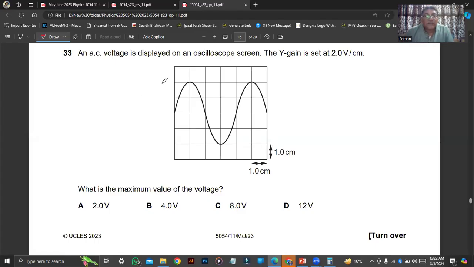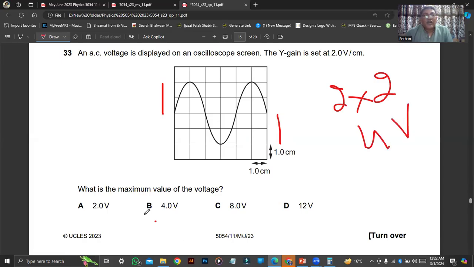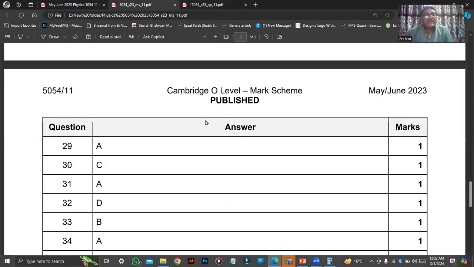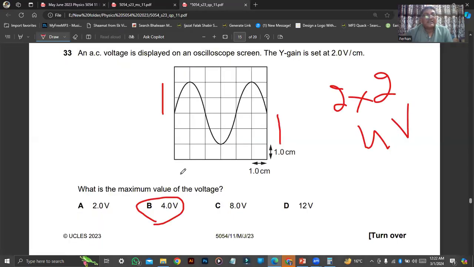From the mean position to the top, there are 2 squares. So 2 multiplied by 2 volt, it will be 4 volt. So I think B is the option. Question number 33, B is the right answer, sir.